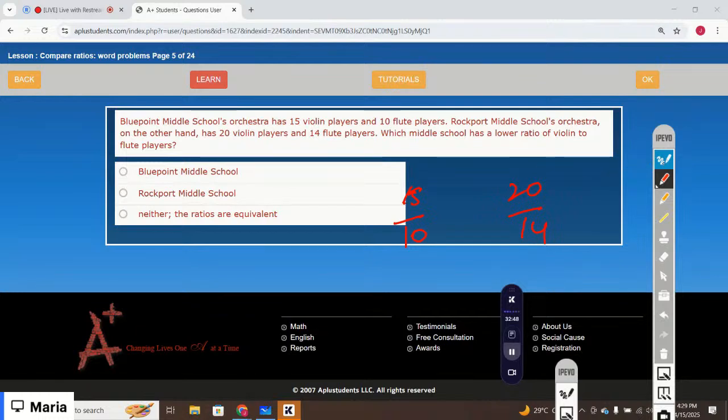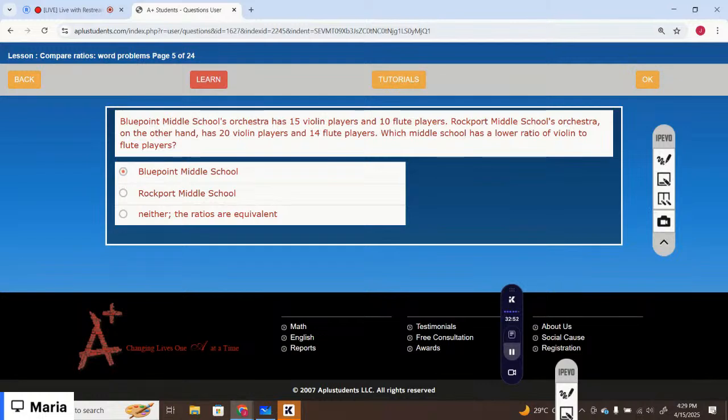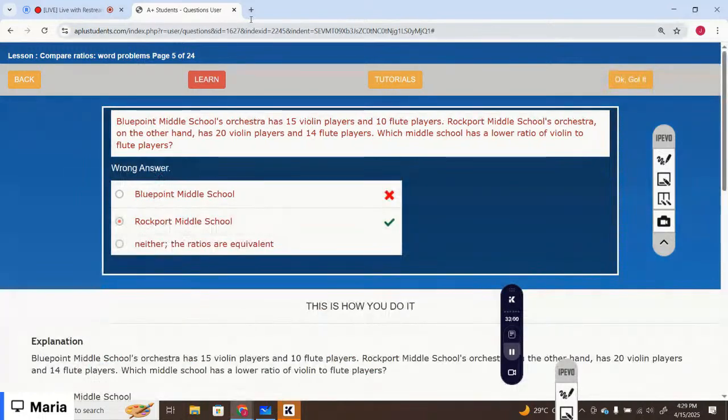The correct option is option number one, that is Blue Point Middle School. So, that is option B. Rockport Middle School it is, sorry.